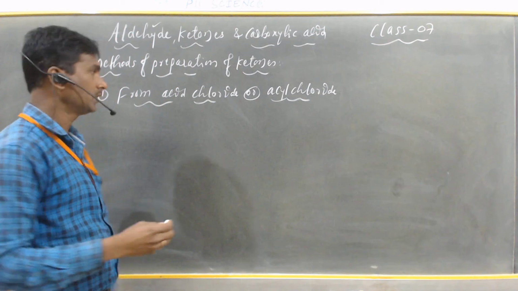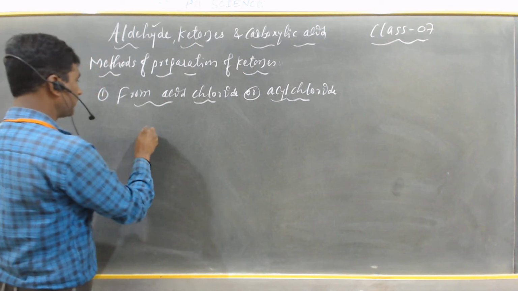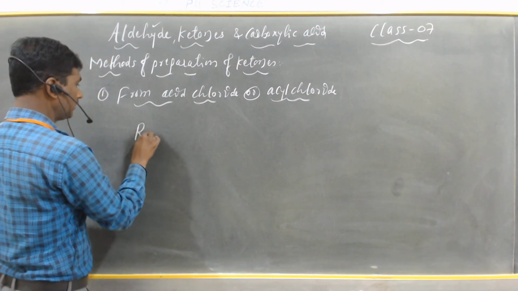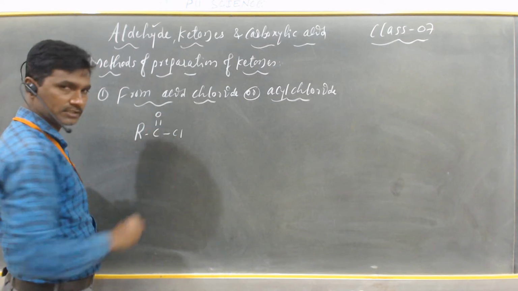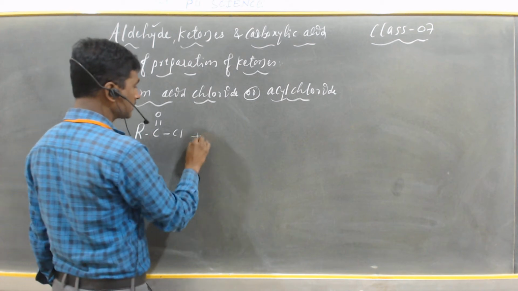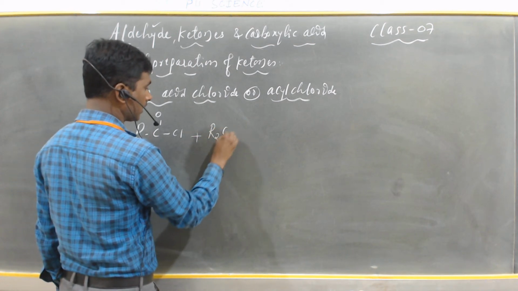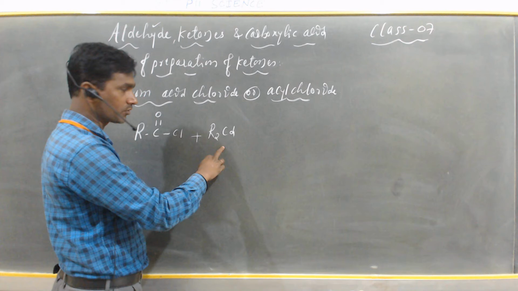Okay, see here. From acid chloride, the first I can discuss is RCOCl. This is called acid chloride. It reacts with dialkyl cadmium, R2Cd, where R is the alkyl group.